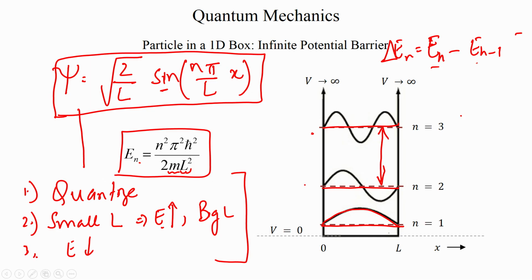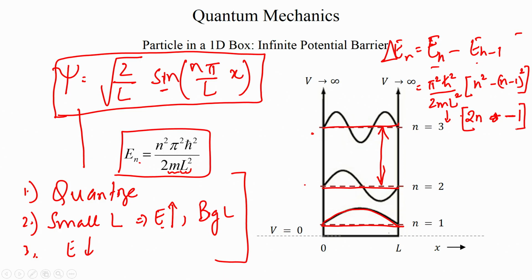levels. Now, according to this, it should be pi square h bar square by 2m L square into n square minus n minus 1 squared. Okay, and if you were to just look at this expression, it is nothing but 2n plus 1. I'm sorry, 2n minus 1. Okay.